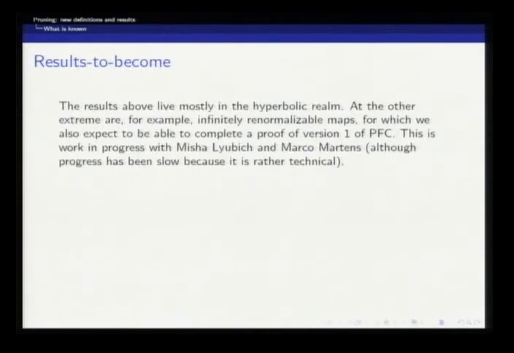And at the other extreme, you could look at infinitely renormalizable Hénon maps, which is something that Misha Lyubich and Marco Martens and I started looking at several years ago. And we've been working at proving this version 1 of the pruning front conjecture for such maps, for infinitely renormalizable Hénon maps.